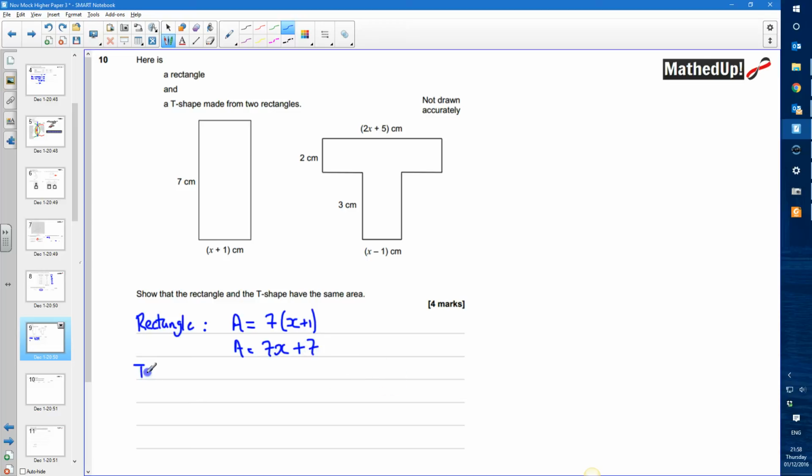Okay, for the T-shape, what I'm going to do is split this into 2 separate rectangles. So I'm going to draw a line over here, and we've got this rectangle here. So my area for this one is going to be equal to 3 times (x take away 1) plus 2 times (2x plus 5).